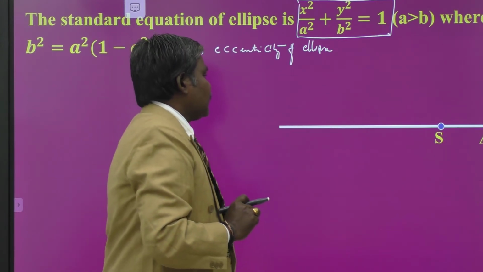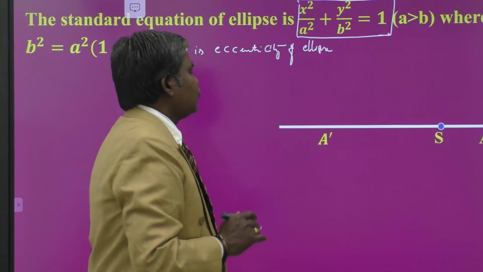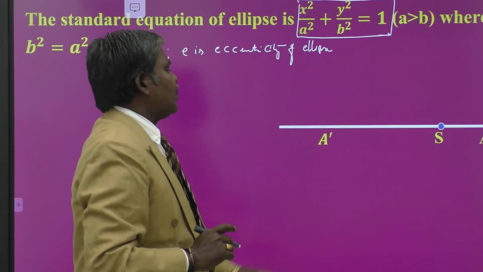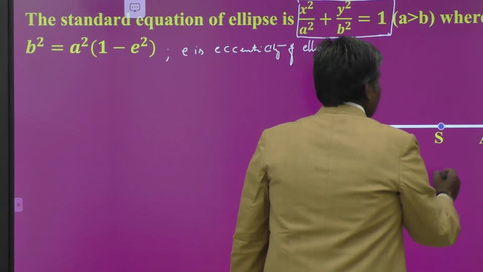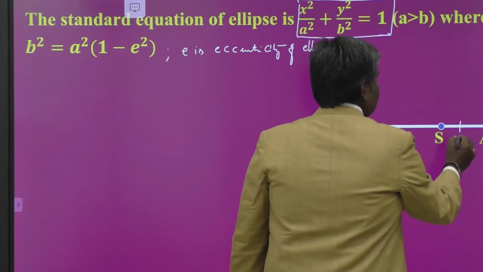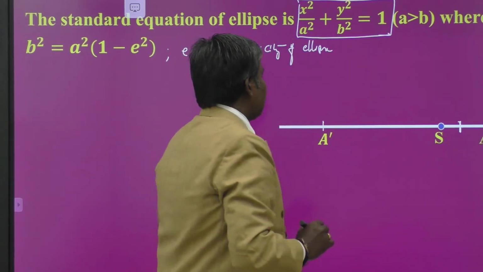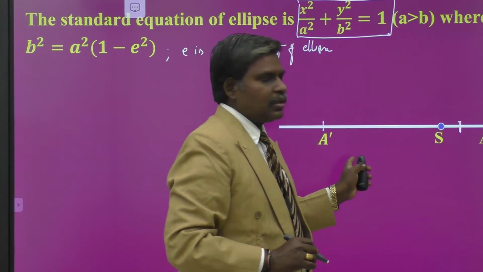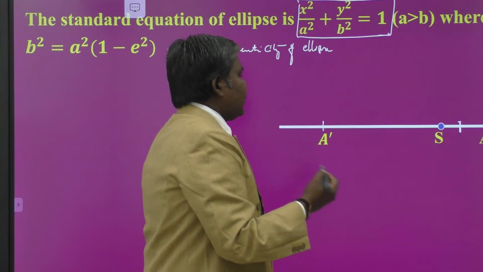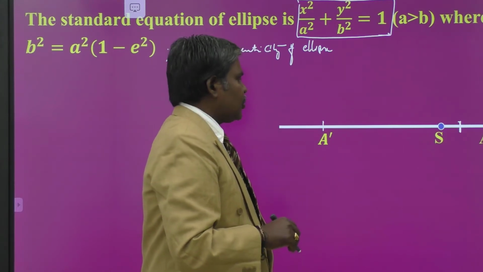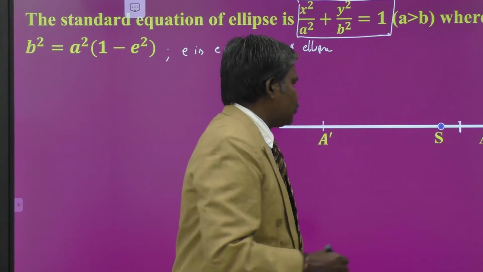See here, A is one of the points and A dash is another point on the line joining SZ, which divides it in the ratio e is to 1. Suppose this is my A and this is A dash. These are two points on the line joining SZ. They divide SZ in the ratio e is to 1.